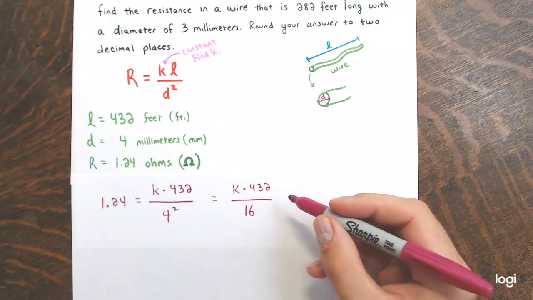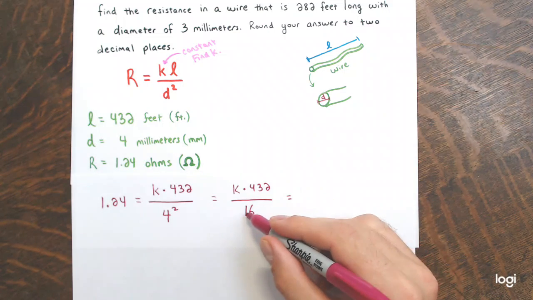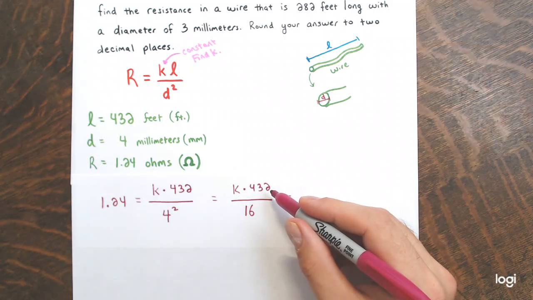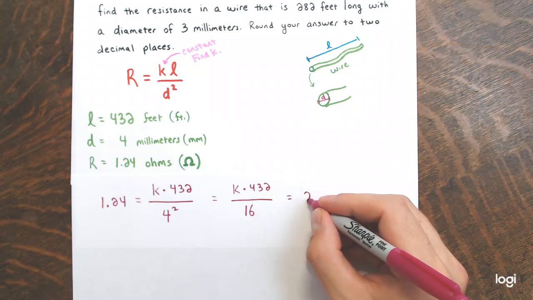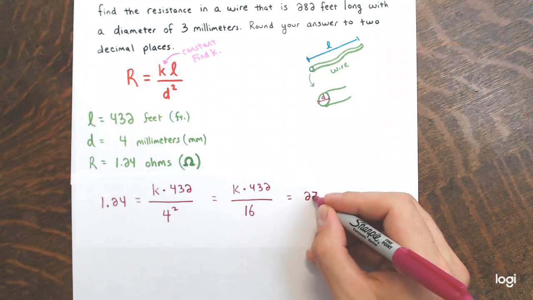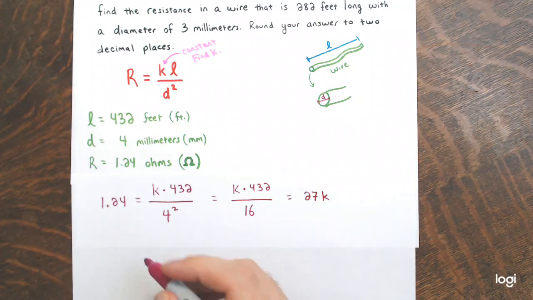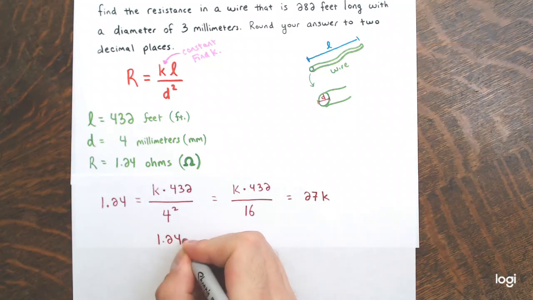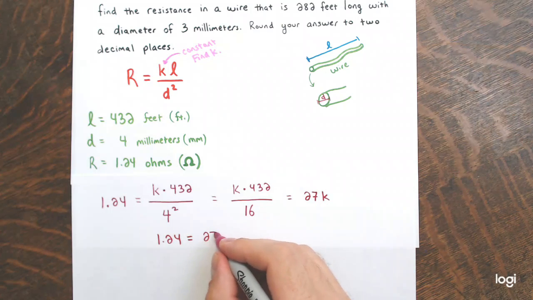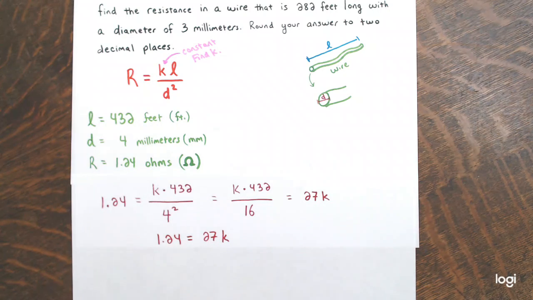Do a little division there. That's 27. 16 goes into 432 27 times. So this is actually just 27 times k, or k times 27. All right, so I have 1.24 ohms equals, and then over here 27 times k. And then we solve for our lowercase k there by simply dividing both sides by the 27.